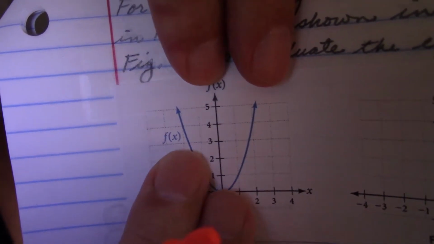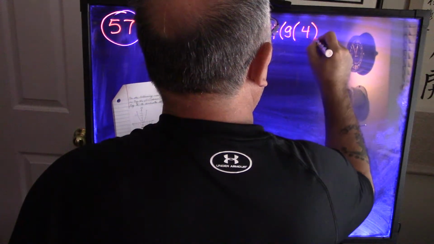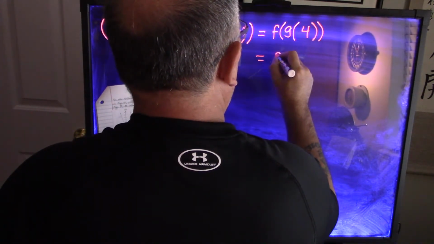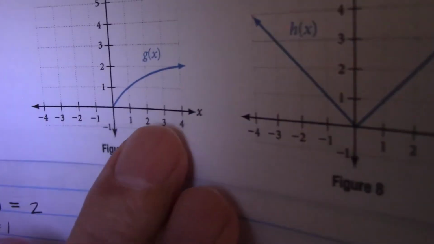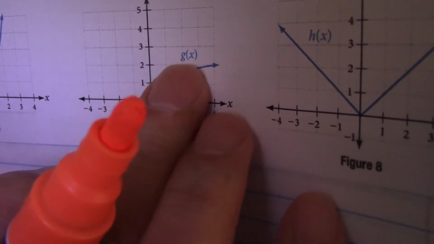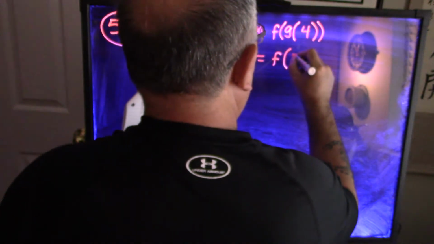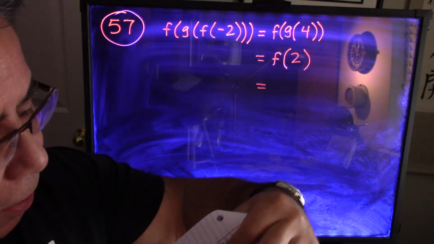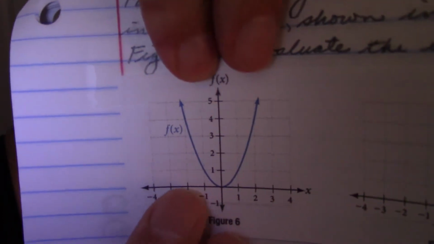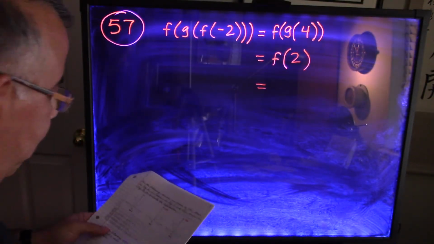F of negative 2, yeah, that's 4. So now we need g of 4. G of 4 is a square root function, so you take square root of 4, right? But you can look on the graph too. G of 4 is 2, the square root of 4. So that's f of 2. And f of 2, go back to the parabola. Take 2 squared, right? 2 squared is 4, yeah. So f of 2 is 4.